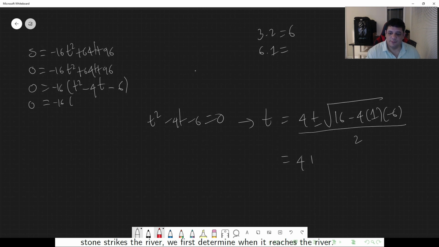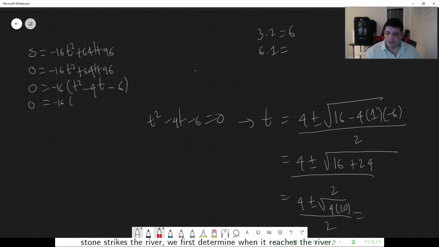So that gives me 4 plus or minus the square root of 16, and this is going to be plus 24. This is 4 plus or minus the square root of 40, over 2. And then this is going to be 4 plus or minus 2 square root of 10, over 2.